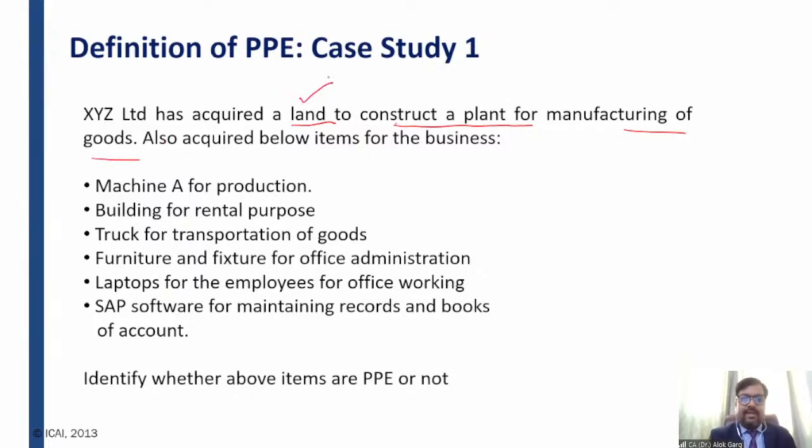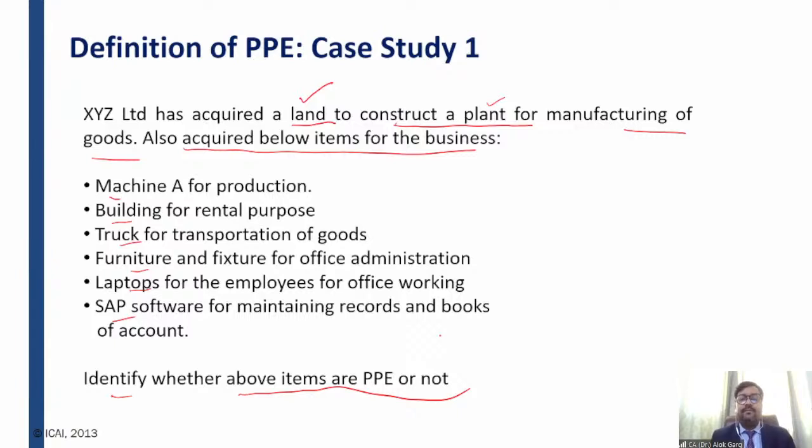Also acquired below items for the business: Machine A for production, building for rental purposes, truck for transportation of goods, furniture and fixture for office administration, laptop for the employees for office working, SAP software for maintaining records and books of accounts. Identify whether above items are property, plant and equipment or not, right?